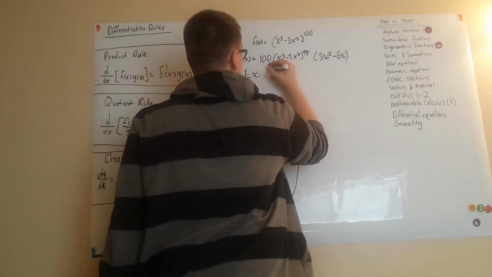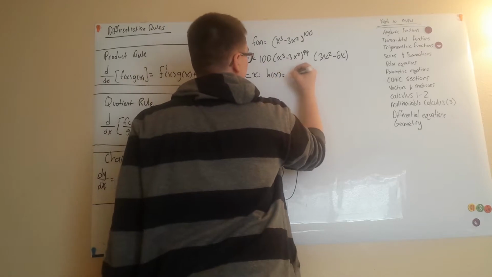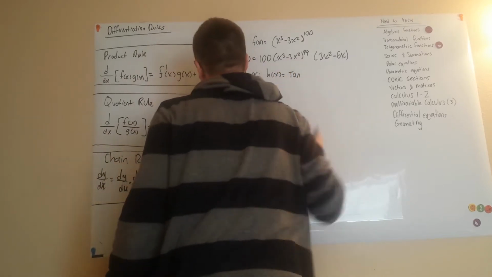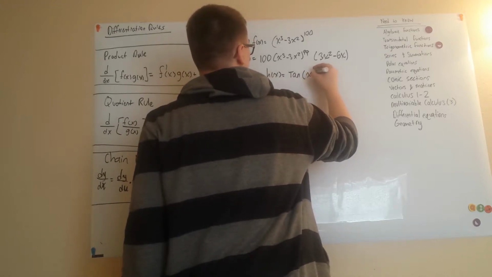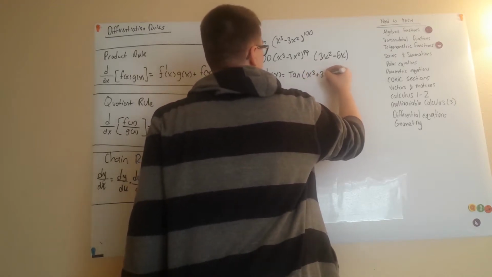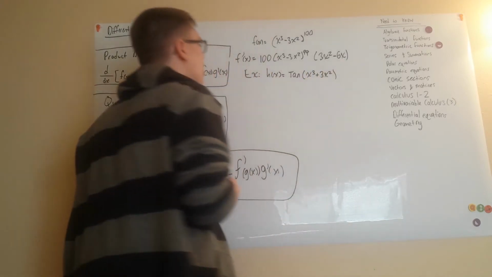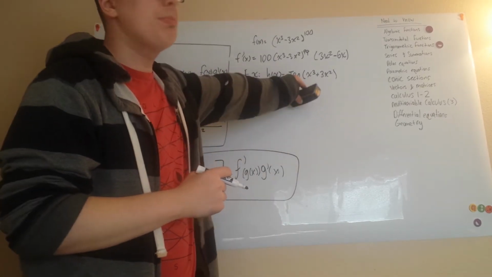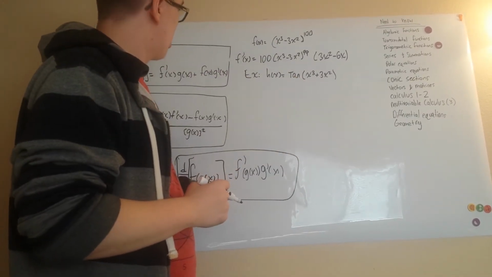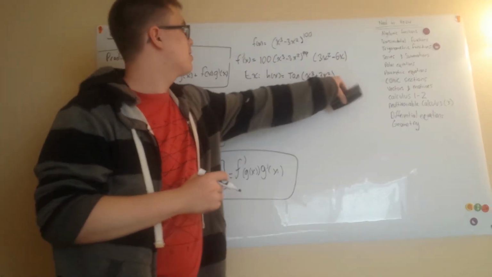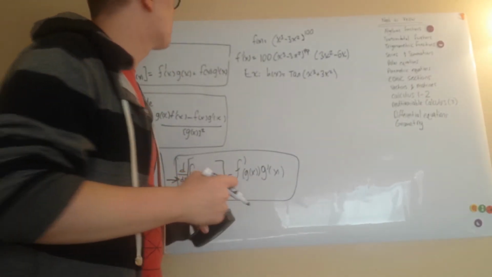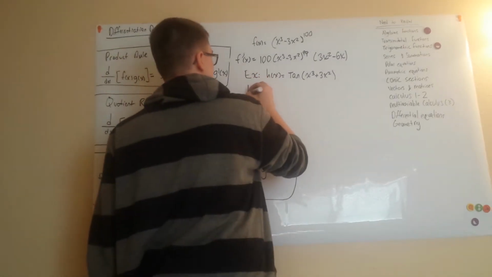Let's say our function h of x equals the tangent of x to the third plus 3x squared. Wait, that's a composition. Tangent is our f. This inside is g of x. Wait, that's just the chain rule.